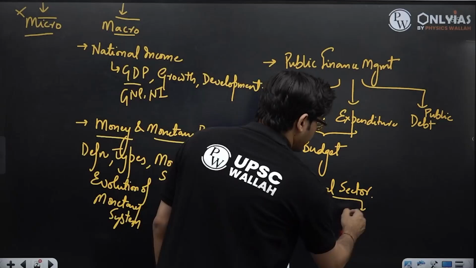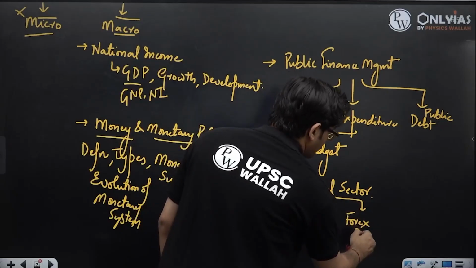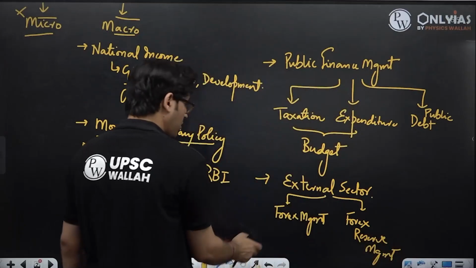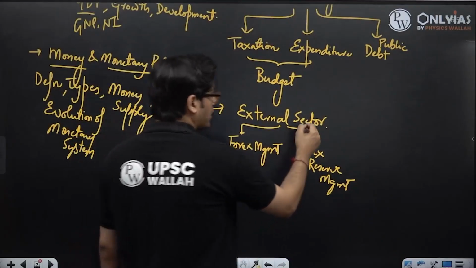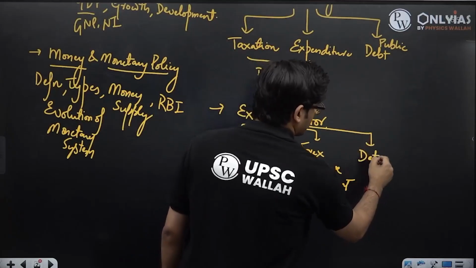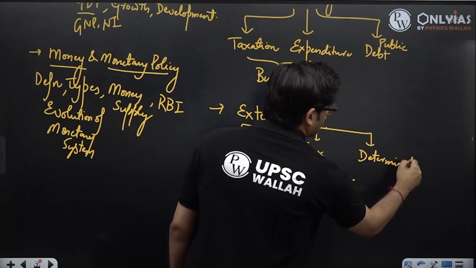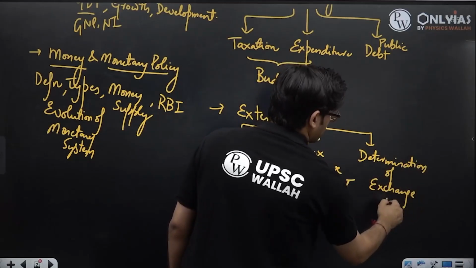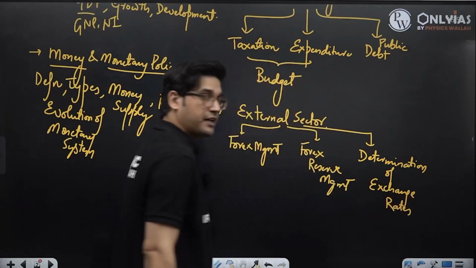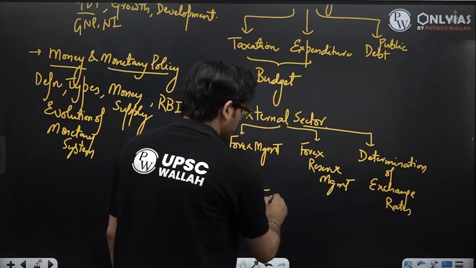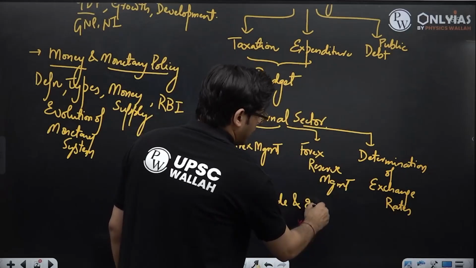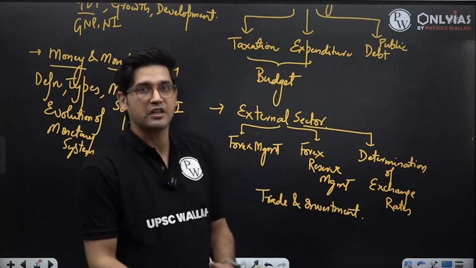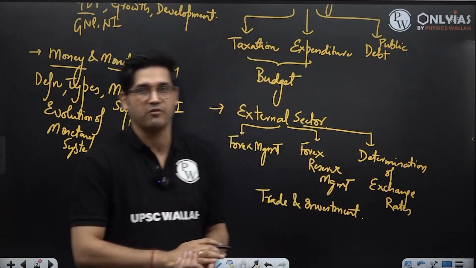The second will be forex reserve management, followed by the third important aspect, which is determination of exchange rates, followed by trade and investment concerning the Indian economy, the policies with respect to trade, the policies with respect to investment.